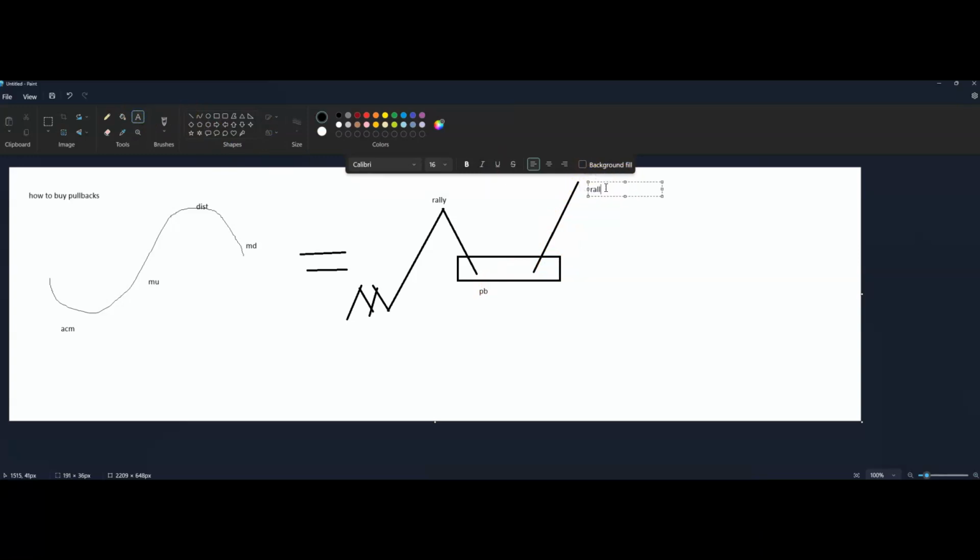When you're buying a pullback, the idea is you're buying it in order for it to then reverse and go up and rally, so you can profit from that move with a low risk stop. So how do you do that?